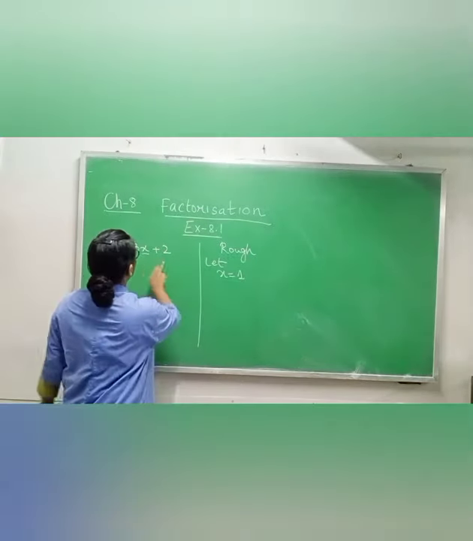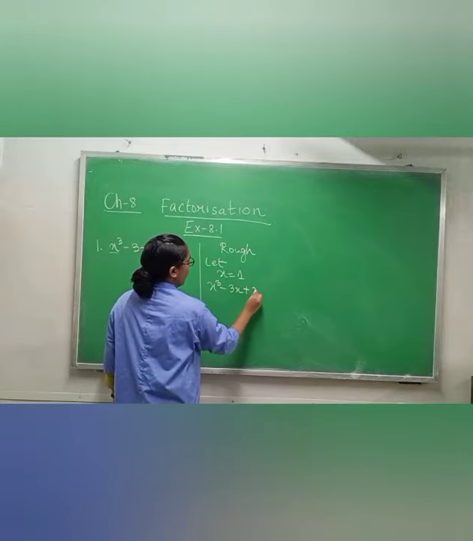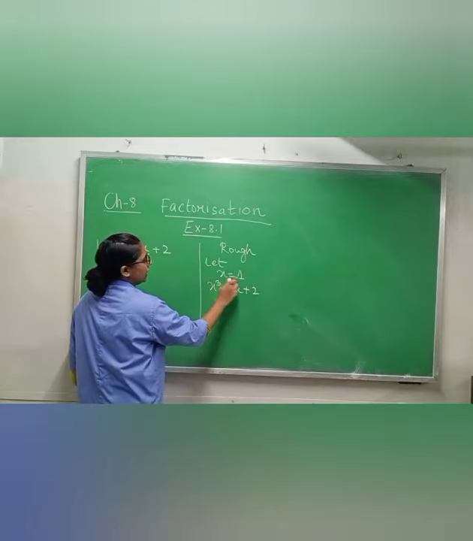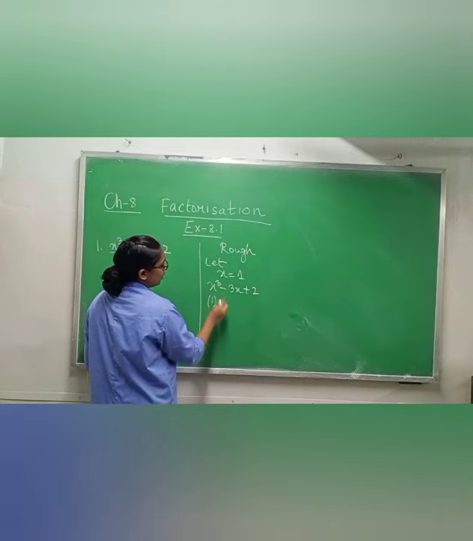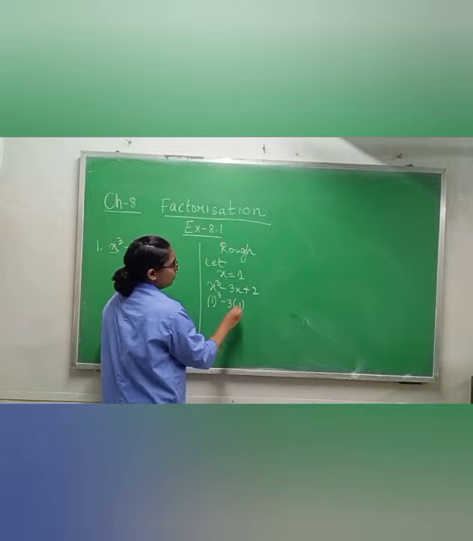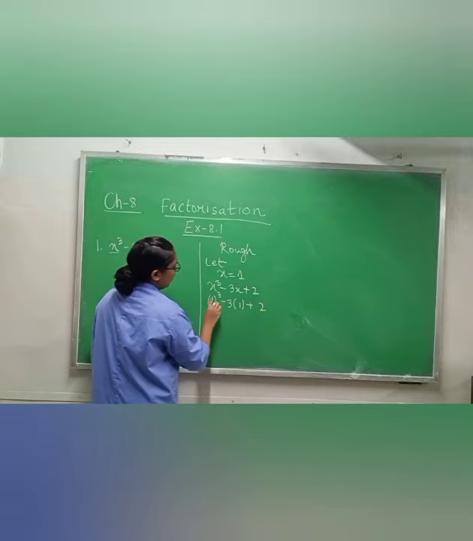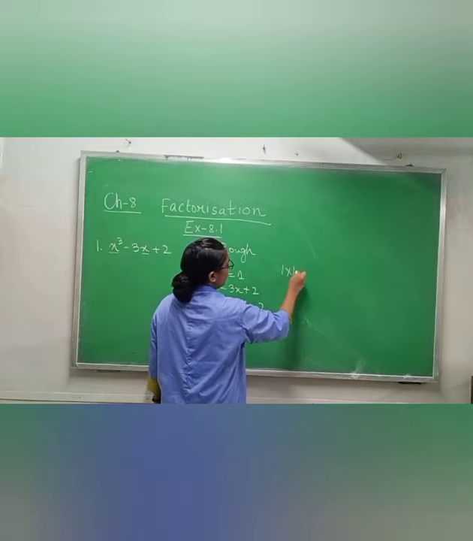After that I will write x cube minus 3x plus 2, and in place of x I will put 1. So x cube means 1 cube, minus 3 times 1, plus 2. 1 cube will give you 1, because 1 cube means multiplying 1 three times: 1 ones are 1, 1 ones are 1.